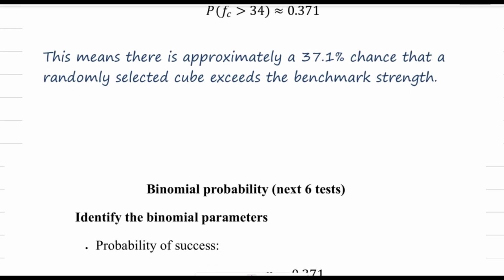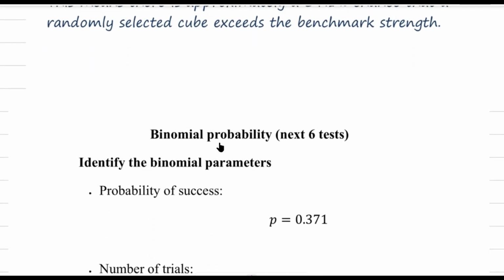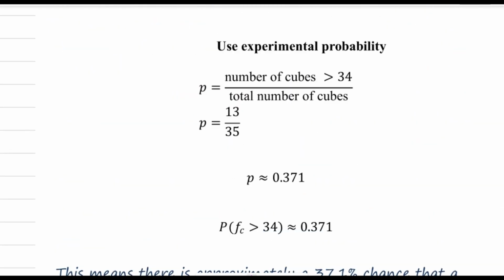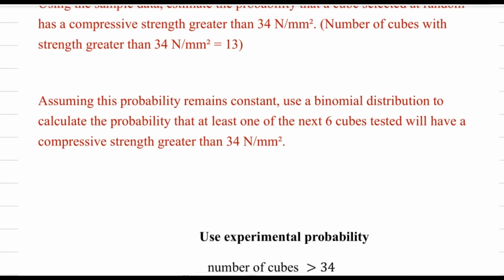And then look at binomial distribution. For binomial probability for the next tests in the future, we need to understand the probability, which is 0.371 that you calculated, and the number of trials. If we go back to the question, it tells you the next 6 cubes tested, so we are going to have 6 trials in the future.